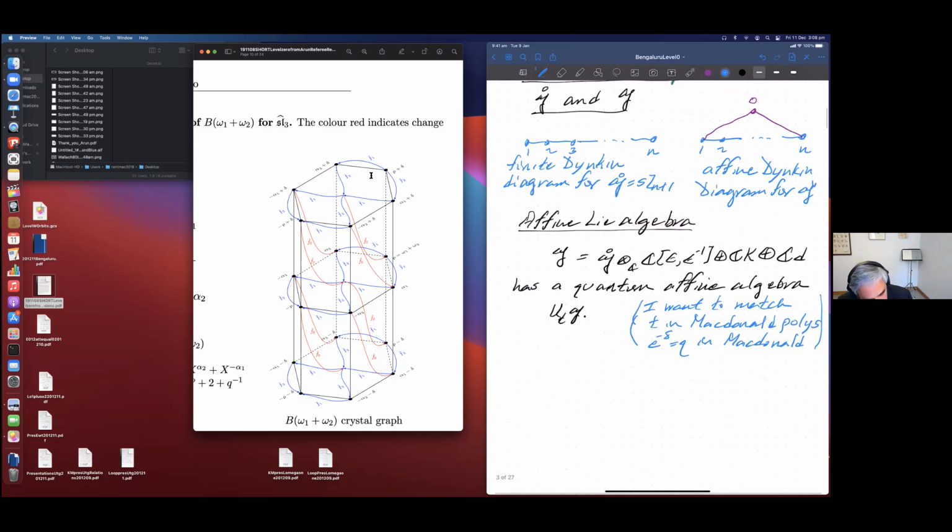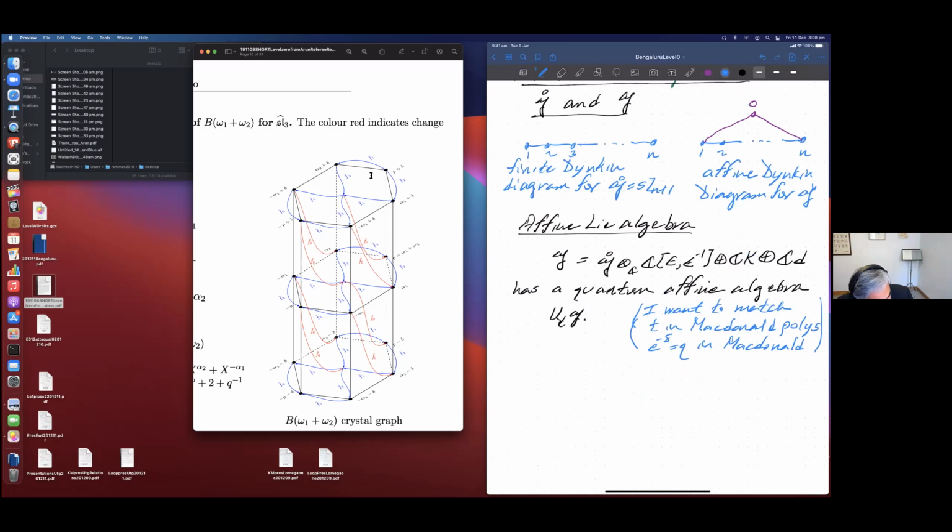Okay, so now what I want to do is label these modules. My goal is to label extremal weight modules, what are called extremal weight modules. I will define them after. It will take us a little while, but we will define them. And so for that, I need the fundamental weights.